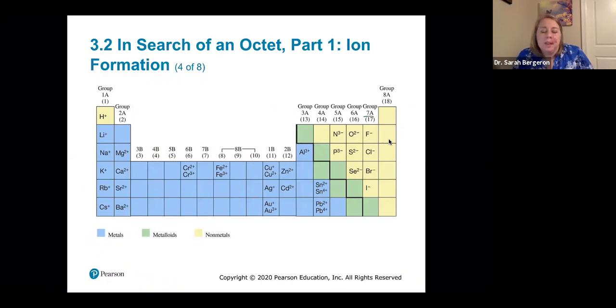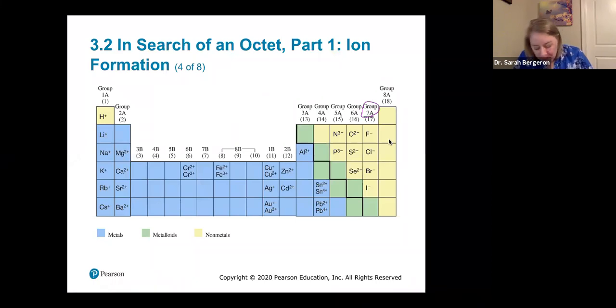So you should use your periodic table, your normal periodic table, the one that I keep going back to. But this is just a nice visual look at all the different elements and what ions they commonly form. And so if you look, everybody who's, let's say, in group 7A, they're all -1.